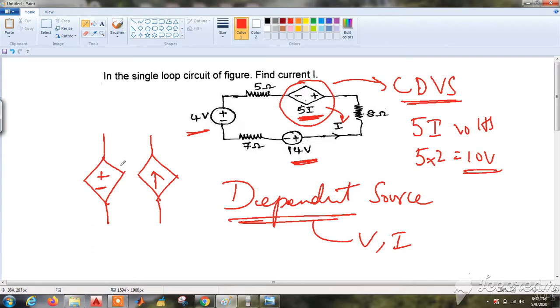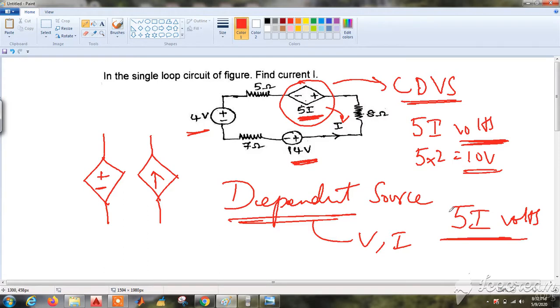So please don't consider 5i as current, it's a voltage, because it depends on the current but its ultimate value is in volts. So in our calculations we'll consider it as 5i volts.